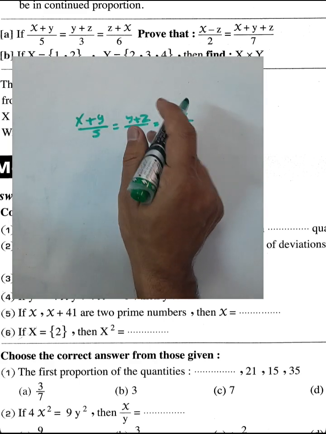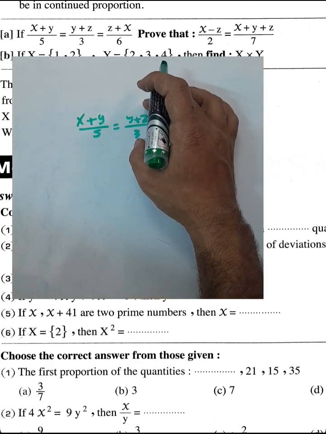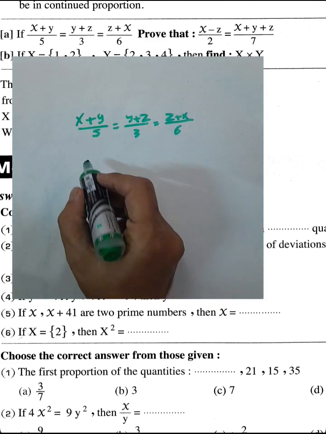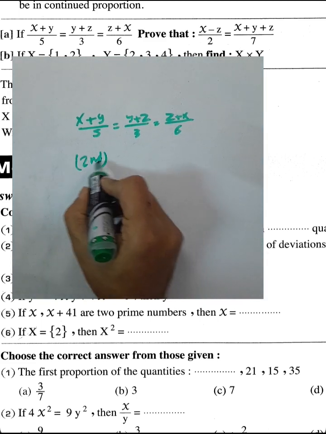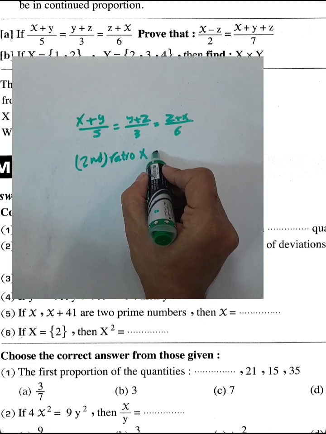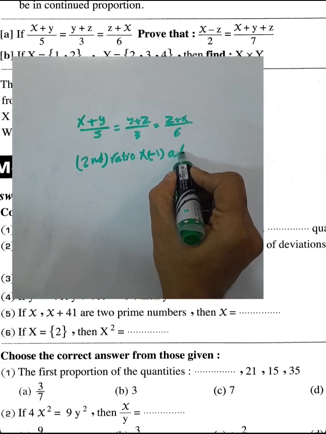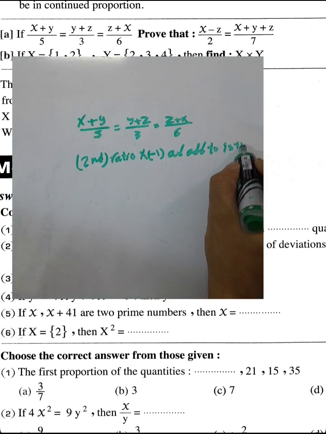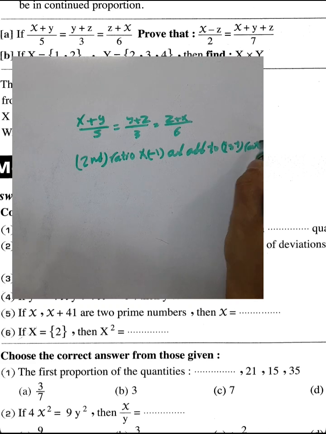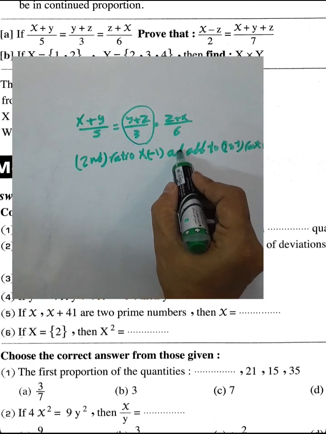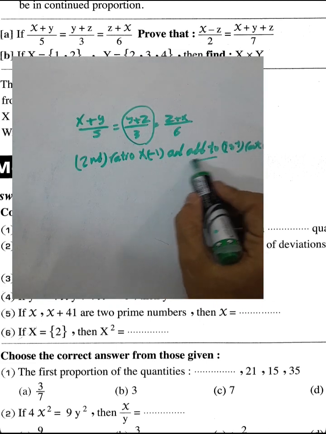You can multiply the second ratio by -1 and add the result to the first. Then the second ratio multiplied by what? By -1 and add to the first ratio. Okay, first step we multiply the second ratio by -1 and add the result to the first ratio here.